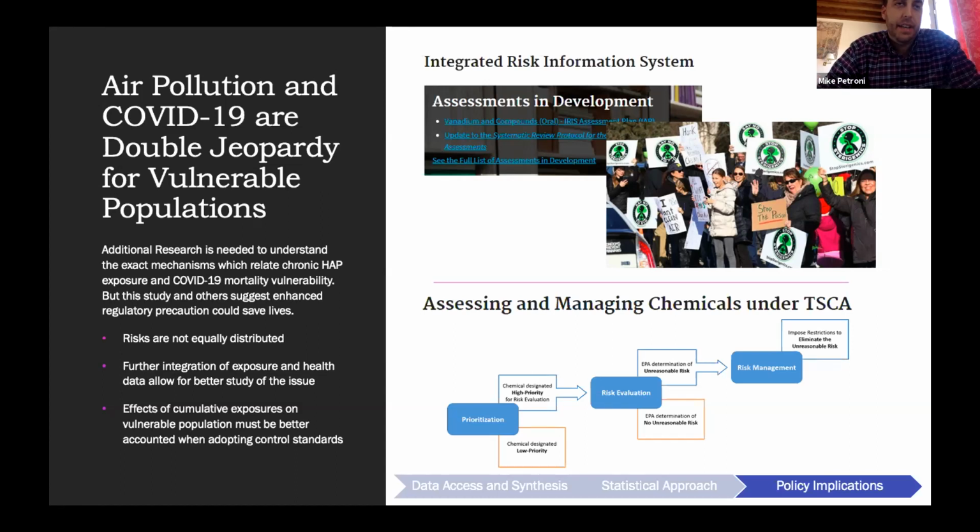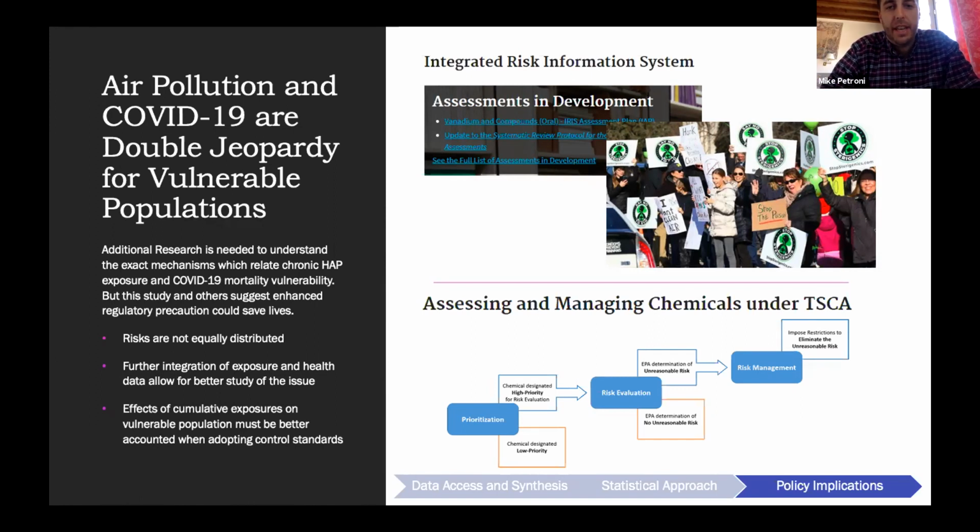This finding where we're seeing health effects at levels below regulatory standards indicates that potentially more precaution would help save lives in the future.